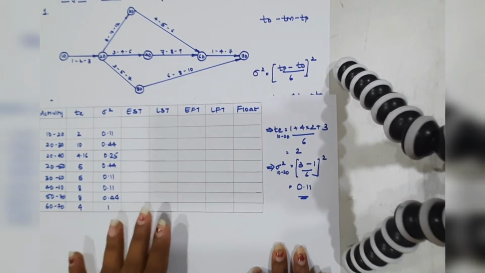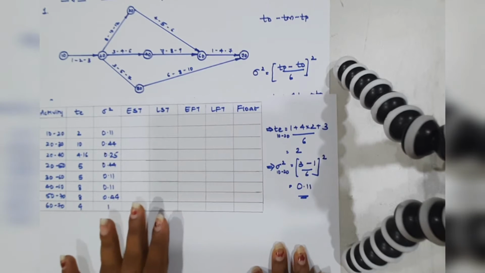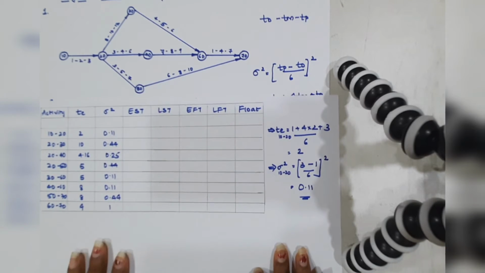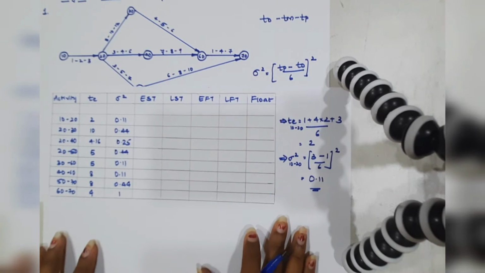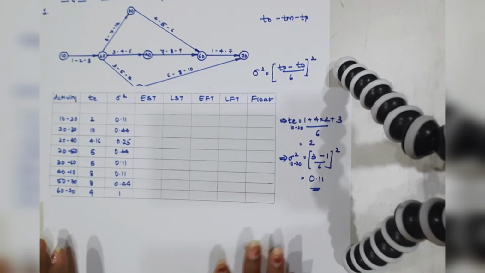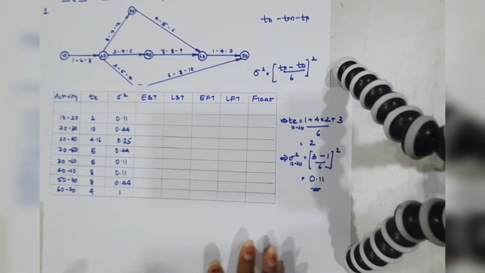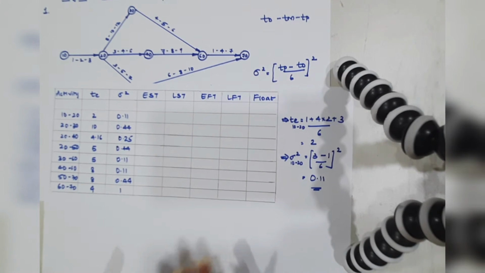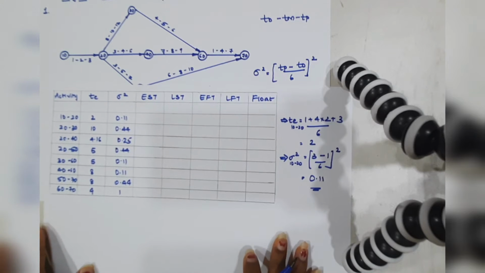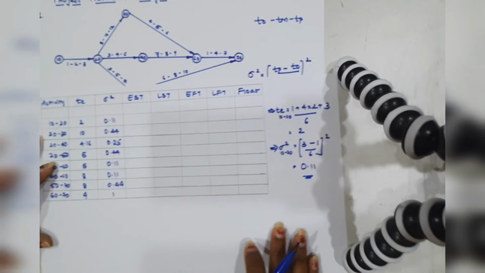Before that, we will be requiring E and L for each event. So let us start calculating E and L for each event. The method for solving E and L will be the same as discussed in the CPM numerical.